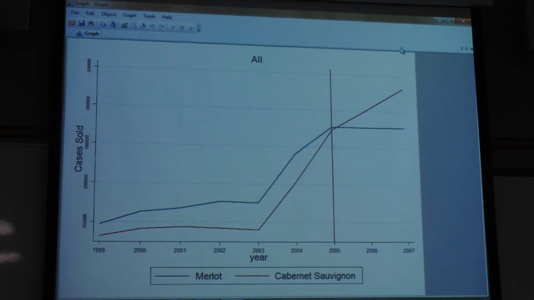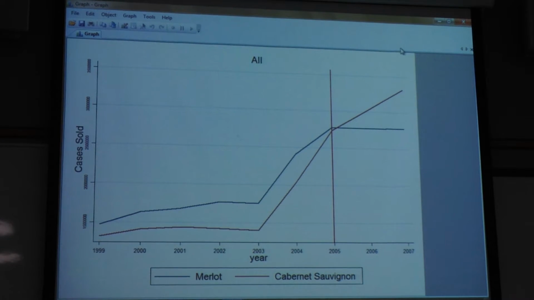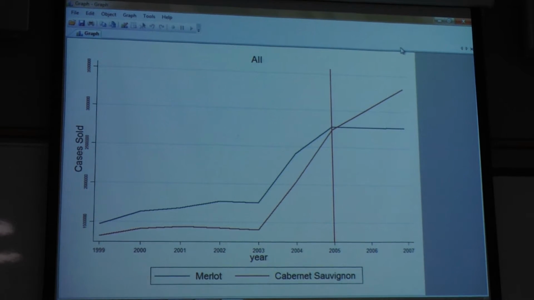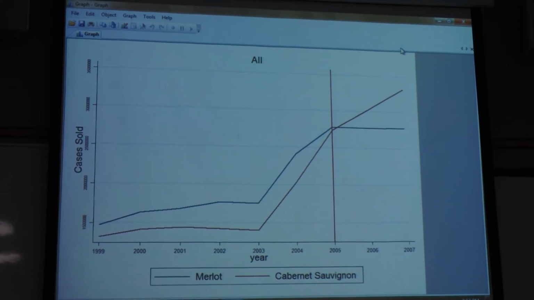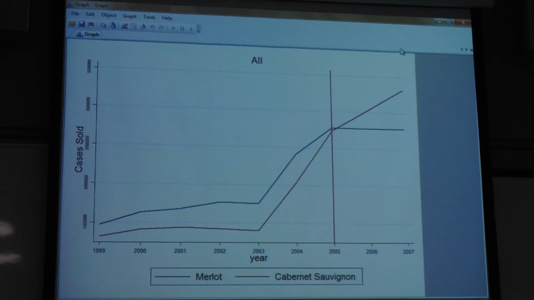Two polar opposite results, resolved by simply looking at the trends instead of taking snapshots, or not giving it enough time before or after, comparing two completely different things. So the fact that these were behaving similarly before tells us that our control group is probably pretty good. Is it perfect? No. I don't think there's ever a perfect control group, but we're probably pretty good.